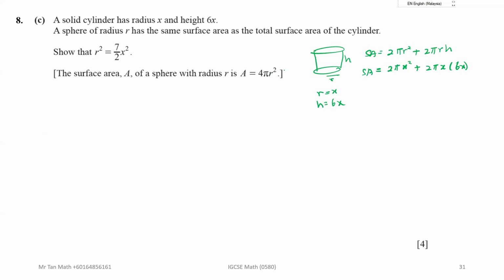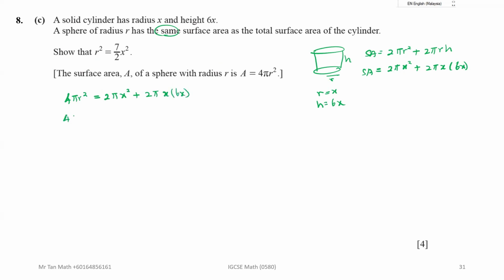Then the area of the sphere is 4 pi r squared. Since this is the same surface area, 4 pi r squared is equal to 2 pi x squared plus 2 pi x times 6x.